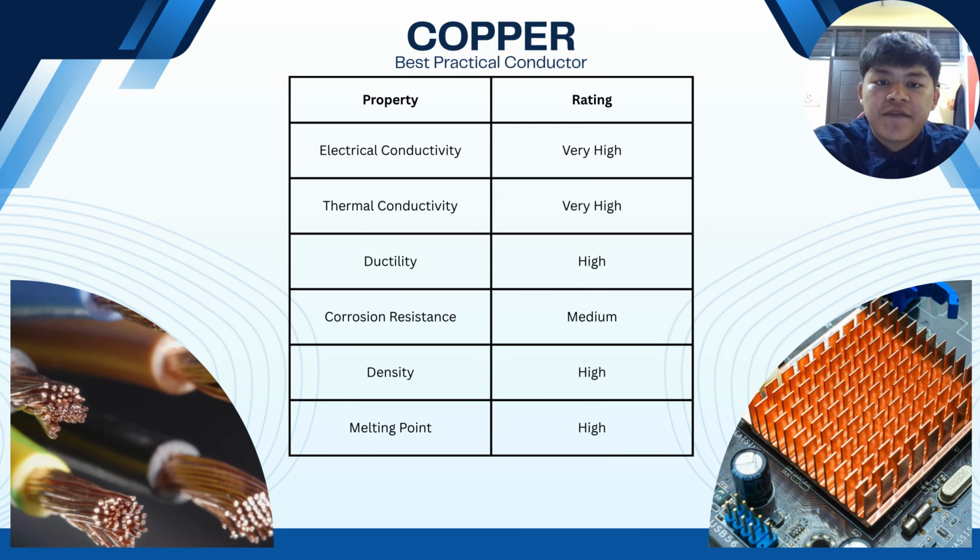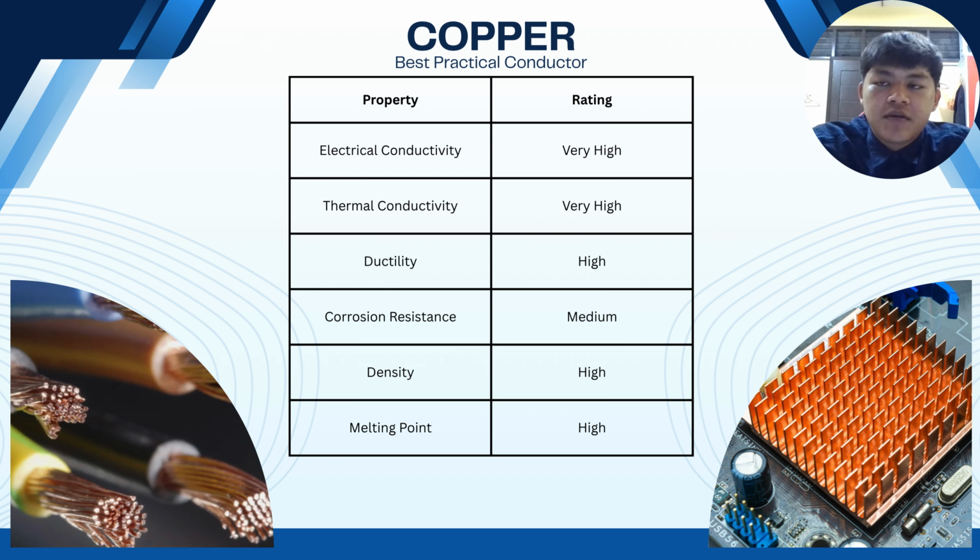First, copper has very high electrical and thermal conductivity, which means copper can transfer heat and electricity very well without losing much energy. Other than that, copper has high ductility, which means copper can be turned into a very thin wire without breaking apart.